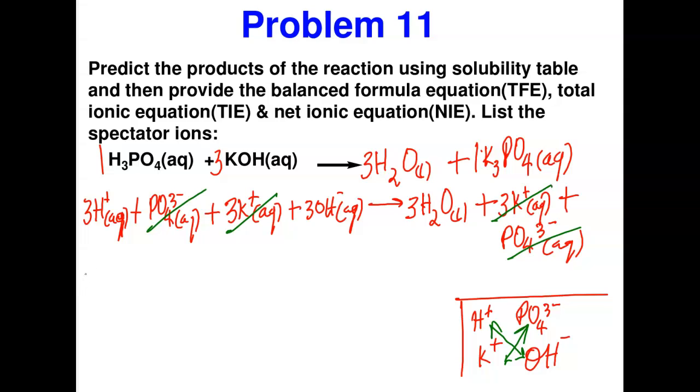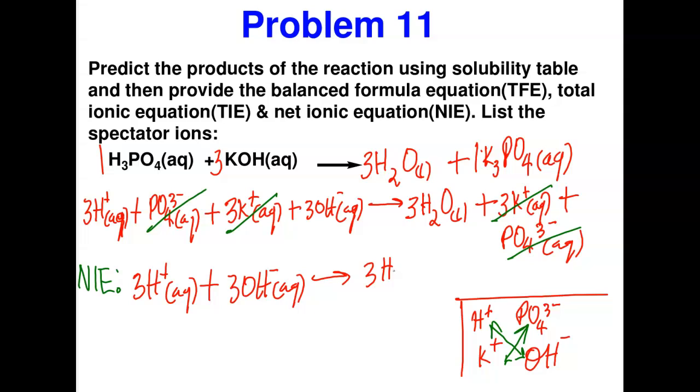So the net ionic equation is going to be 3 hydrogen ion aqueous plus 3 OH- aqueous to give me 3H2O. And when you count it, you find out that the reaction is balanced. Let's count: 3 plus 3 hydrogen, 6; 3 times 2, 6; 3 oxygen. The equation is balanced.